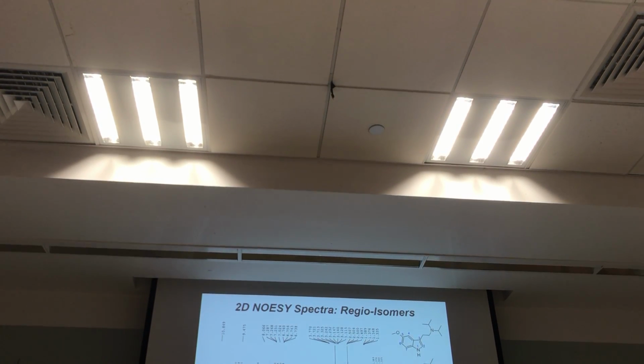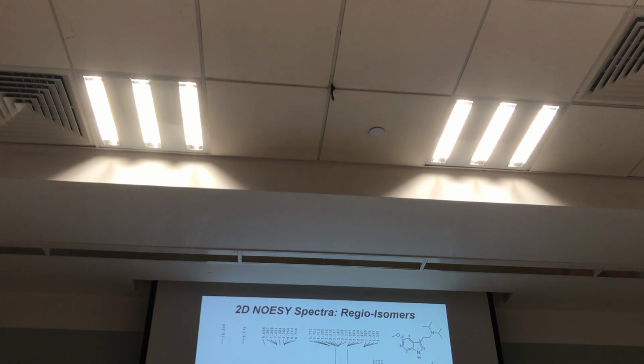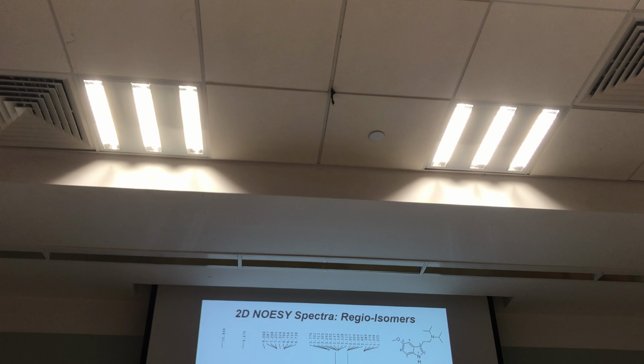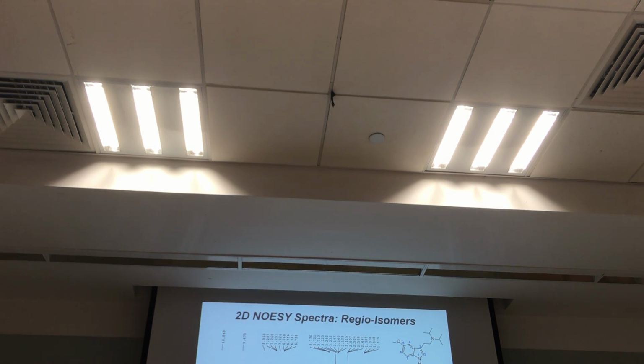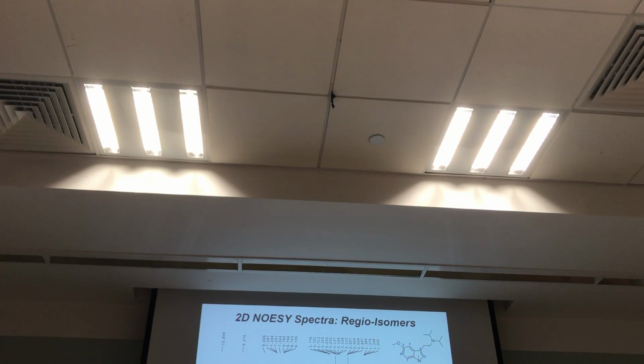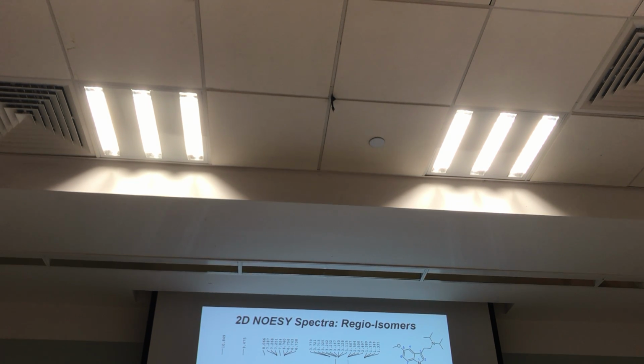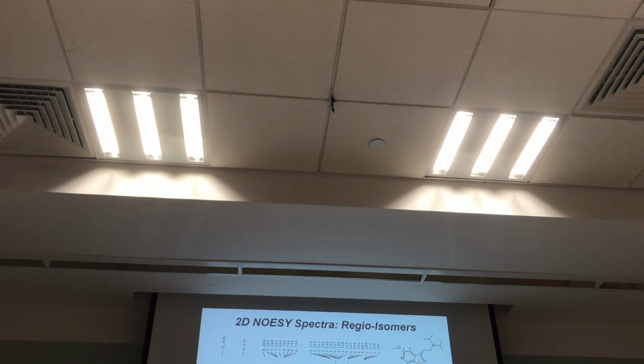Because here you see this is one CH3 plus this CH2, which is 5 protons. This is 4 protons. Either one is 2, 1. This either one is 2 protons.